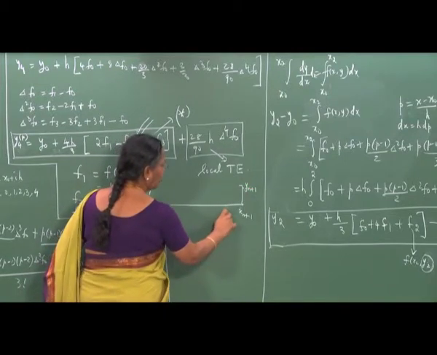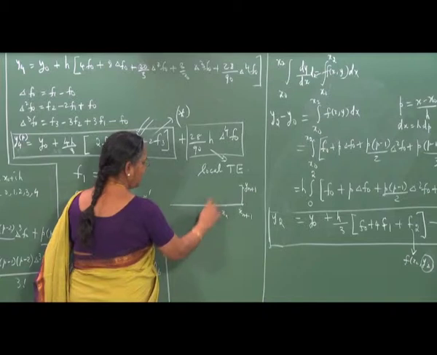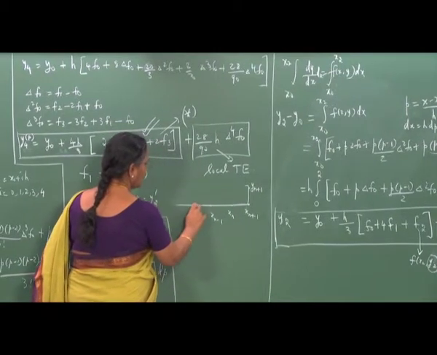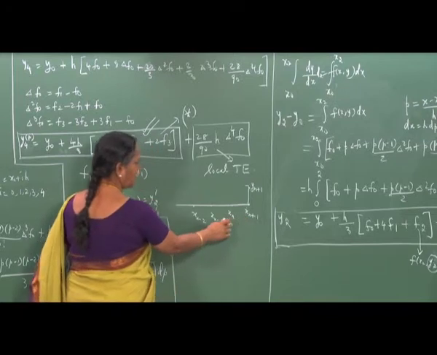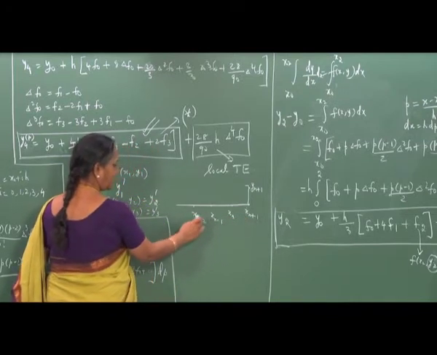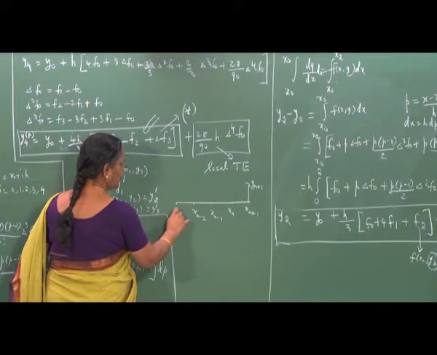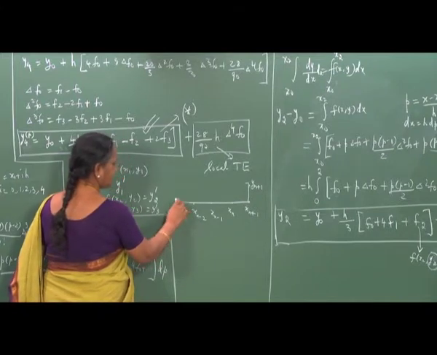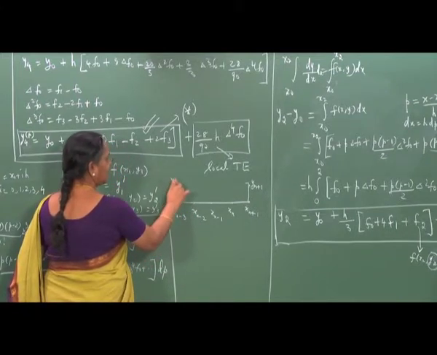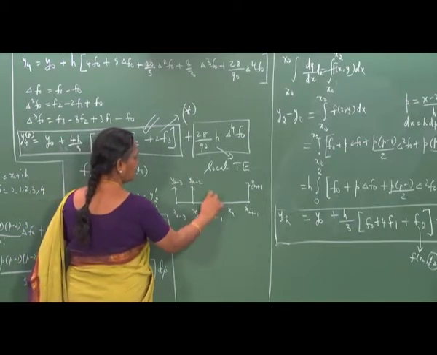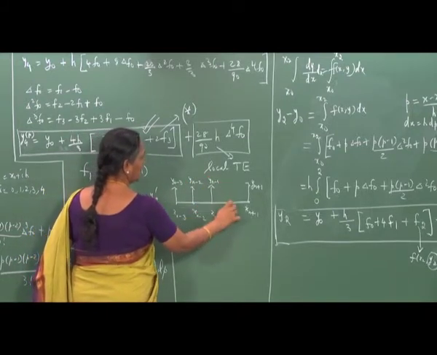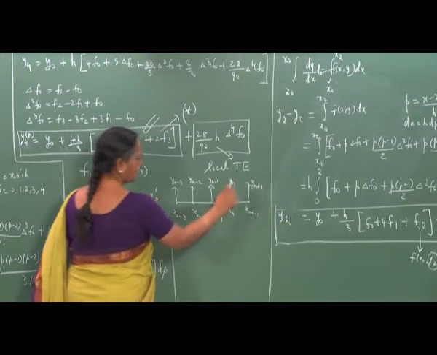I require knowledge of the solution at the previous 4 points. So, I shall call those 4 points xn, xn minus 1, xn minus 2 and xn minus 3, where the values are yn minus 3, yn minus 2, yn minus 1 and yn.